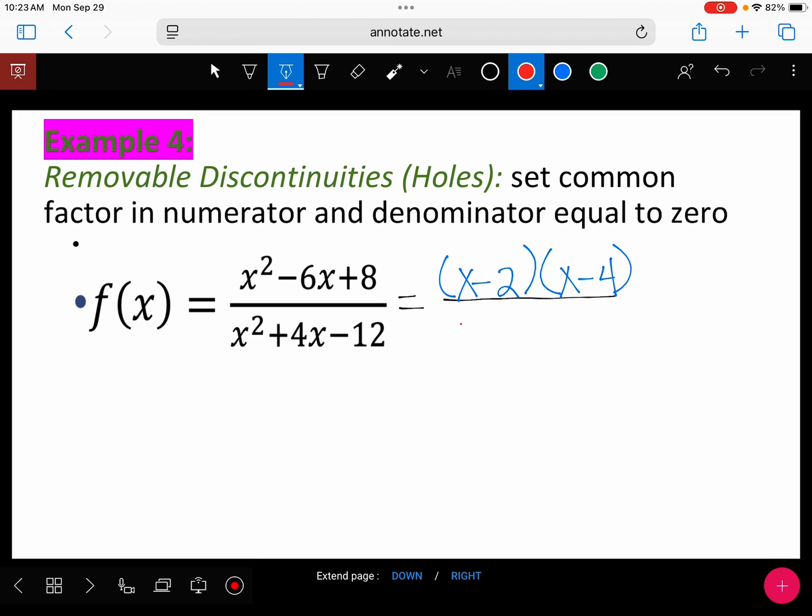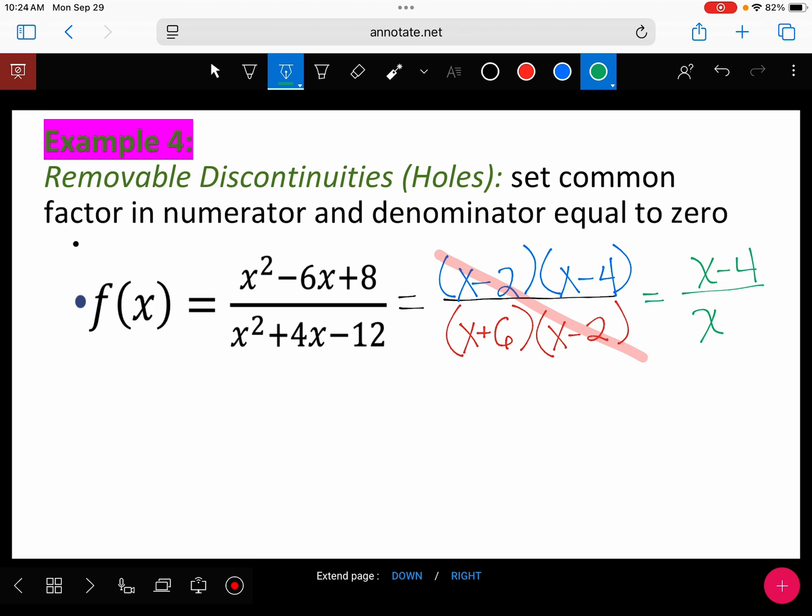And in my denominator, two numbers that multiply to give you negative 12, but add to a positive 4 would be 6 and 2. And the 6 is positive and the 2 is negative. So the common factor that is in top and bottom, which would cancel, is x minus 2, okay? Because it cancels, what that is going to create is a hole in the graph.